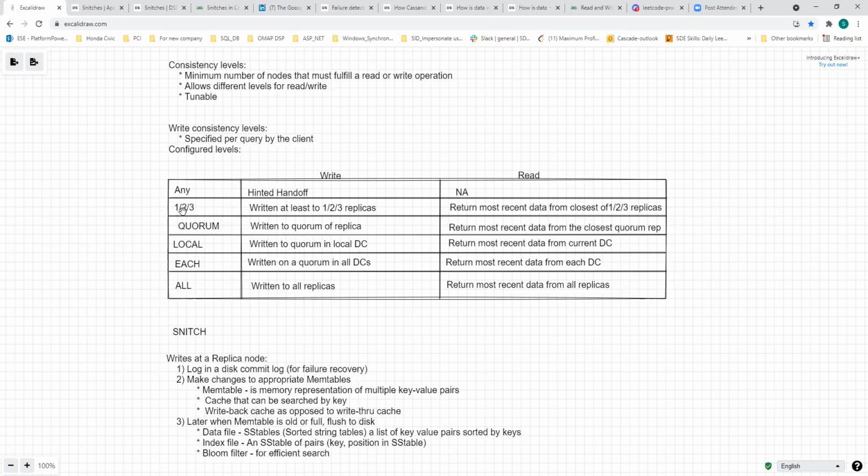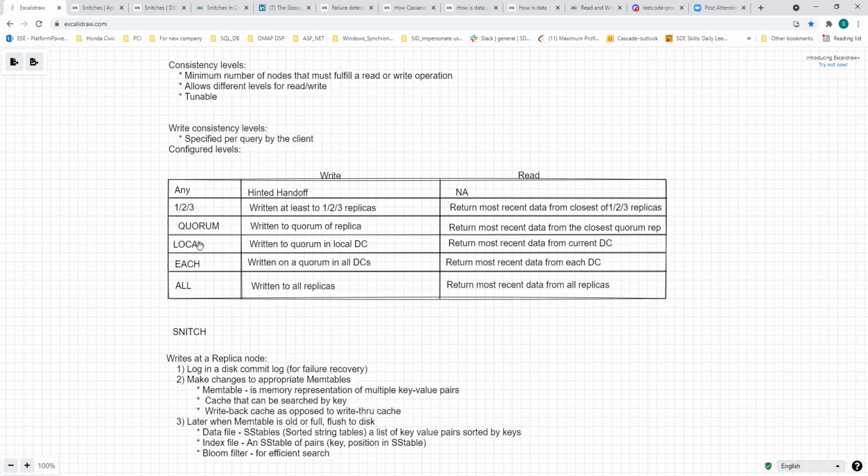In the second row, you can see 1, 2, 3. If you look at the write consistency, you can write to either a single replica, or 2 replicas, or 3 replicas, or you can follow quorum, which will be quorum-based replication.